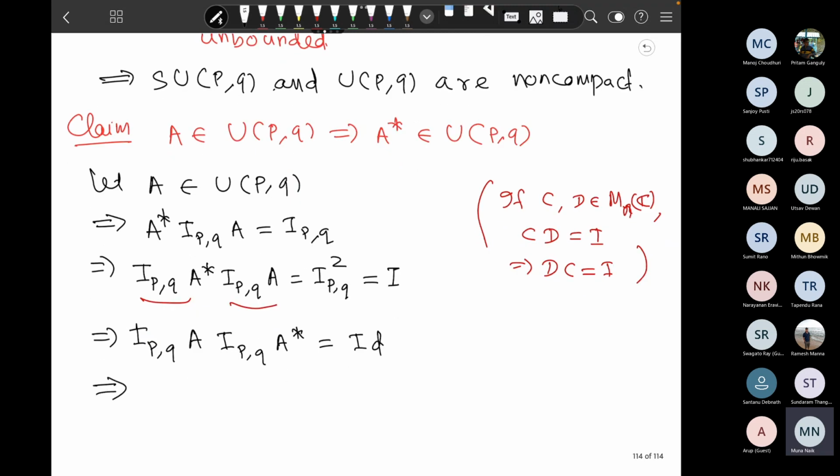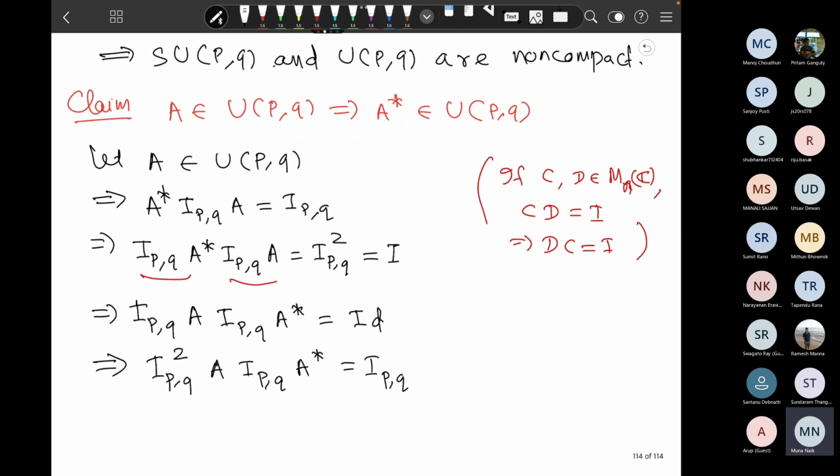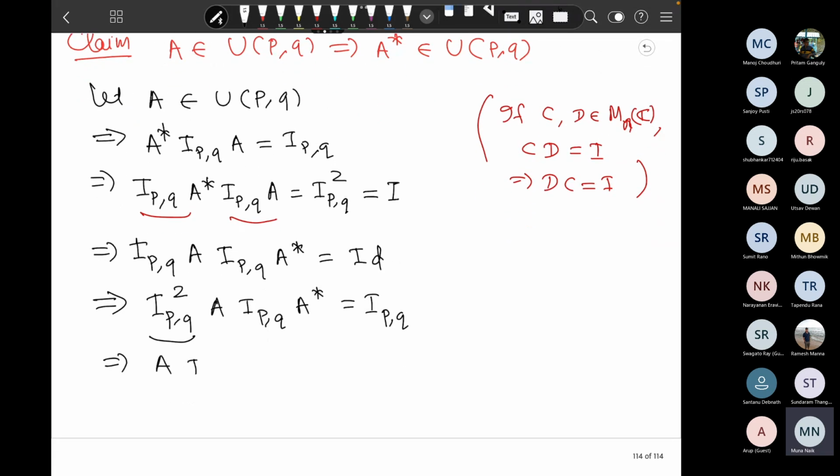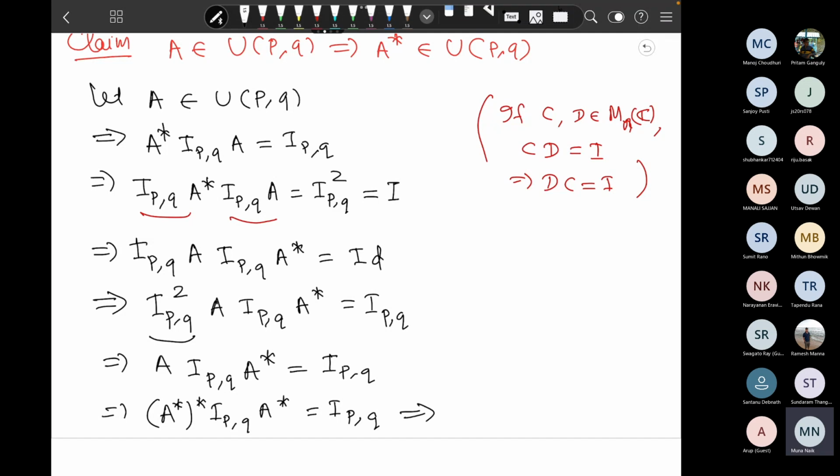Now you multiply I_{P,Q} on both sides. So I_{P,Q} squared A I_{P,Q} A star is equal to I_{P,Q}. Now I_{P,Q} squared is the identity, so use that. This will be A I_{P,Q} A star equal to I_{P,Q}, and A star star is A. This implies A star belongs to U(P,Q).